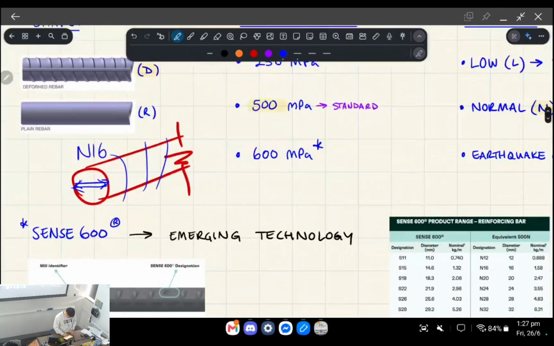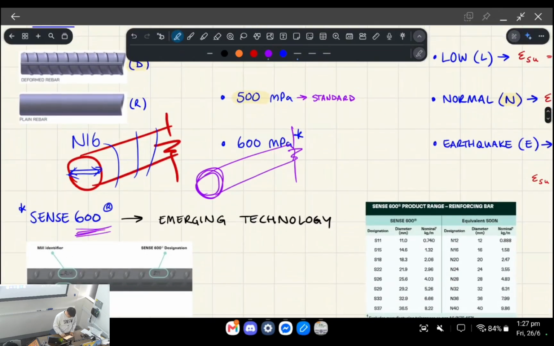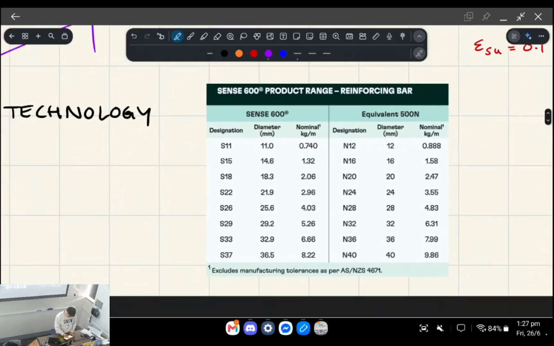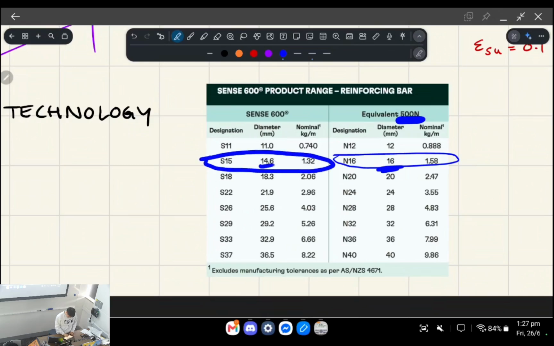The idea of the CEN 600 bars is that they have a smaller diameter, but since they have a higher strength of 600 MPa, they have equivalent force capacity, okay? So if I look at this table, for example, you've got your 500 MPa bars, and if you're looking at N16s with 16 mil diameter, the equivalent would be an S15, which actually has a 14.6 mil diameter.